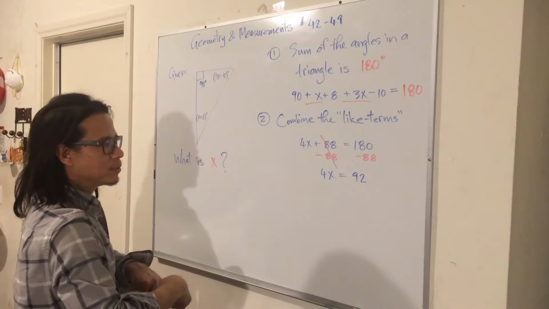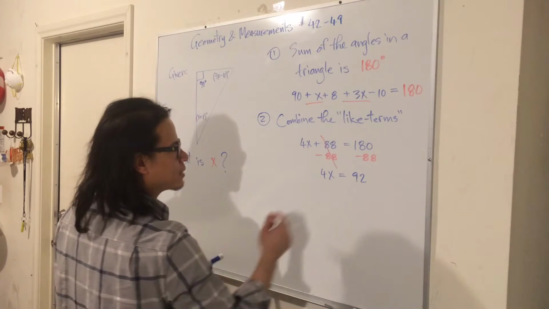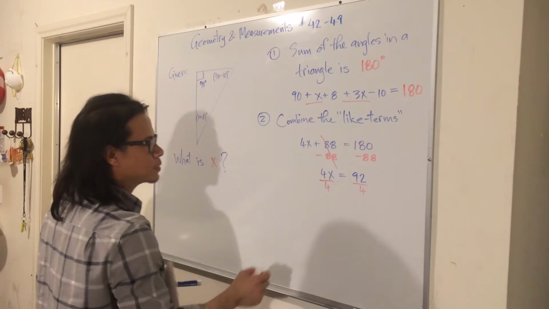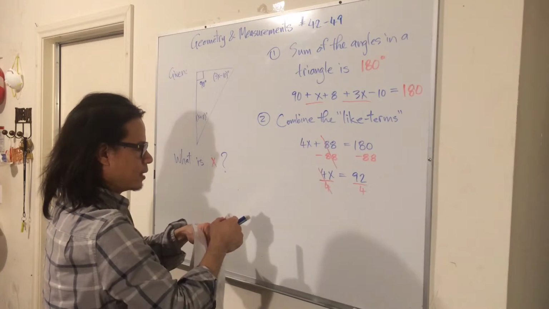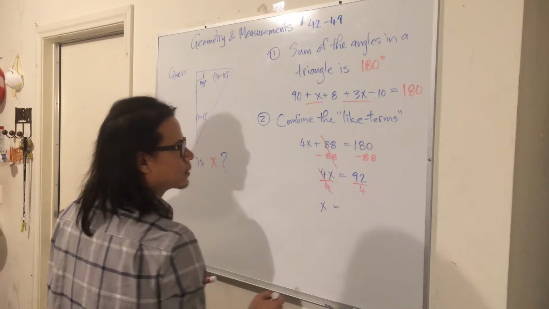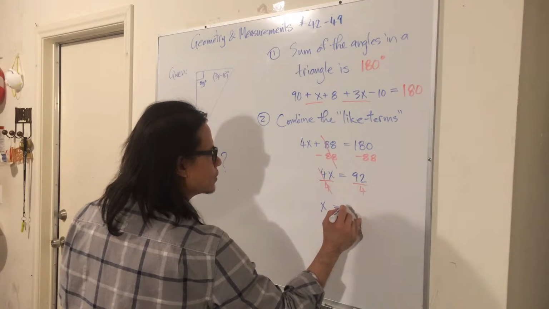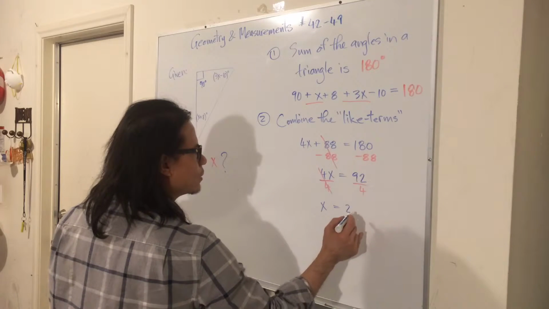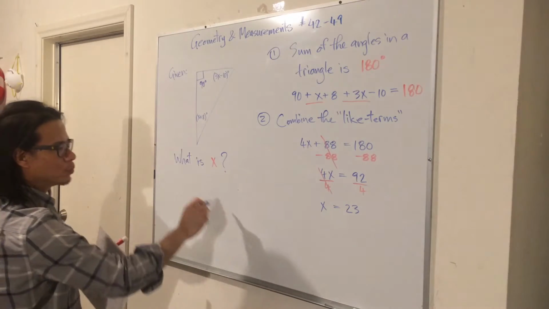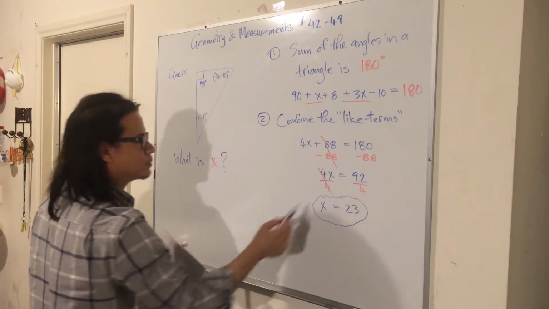You have x times 4, so to undo it, we're going to divide by 4, which will cancel it out. x ultimately is equal to 92 divided by 4. So 4 can go into 9 2 times with a 1 remainder, so it's 23. So we have answered the question. x is equal to 23.